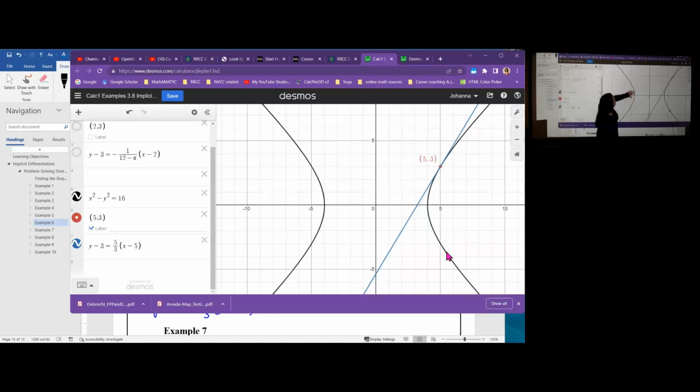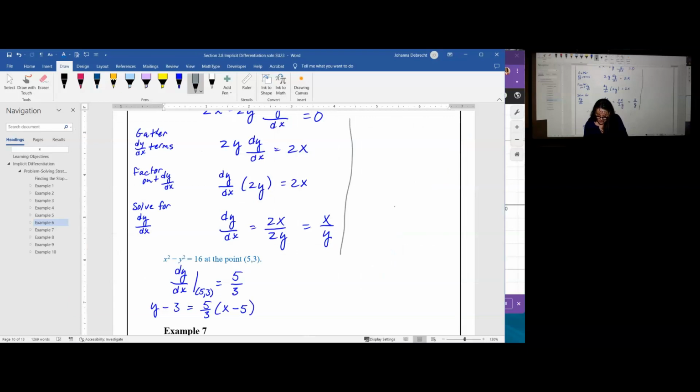And indeed it does. You can see the hyperbola here in black, definitely not a function, but it is a curve. And you can see that at (5, 3), you have graphed the actual tangent line. Let's try to solve for y explicitly and take the derivative from that formula.